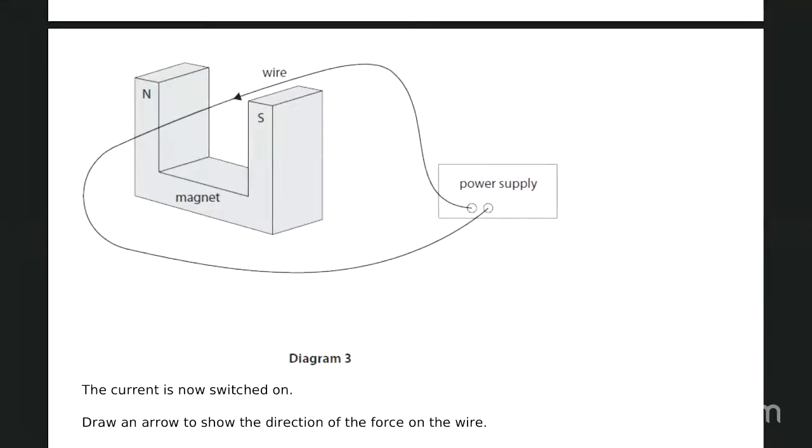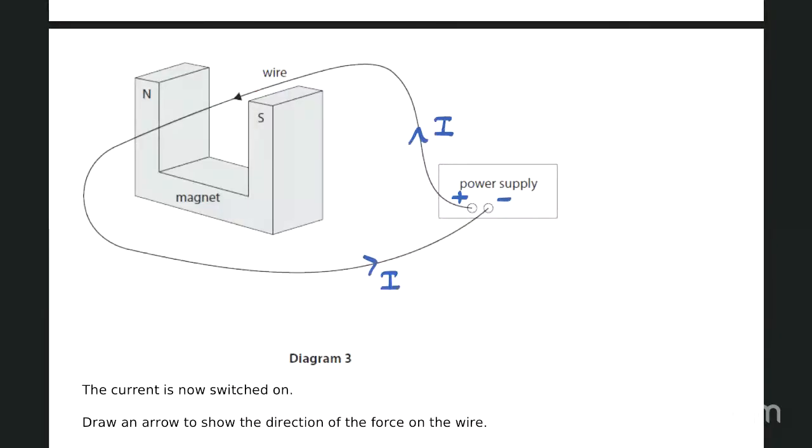The current is now switched on, so there's a power supply, and here you can see there's a small arrowhead. So this part will be the positive end, this will be the negative end, which means the current will be going in this direction. So draw an arrow to show the direction of the force on the wire.